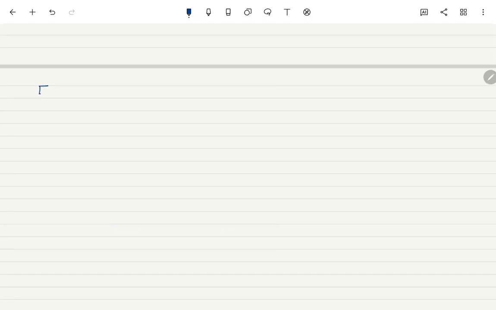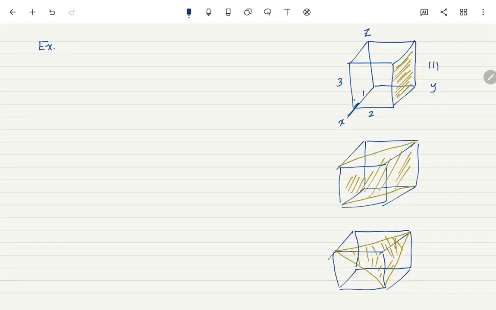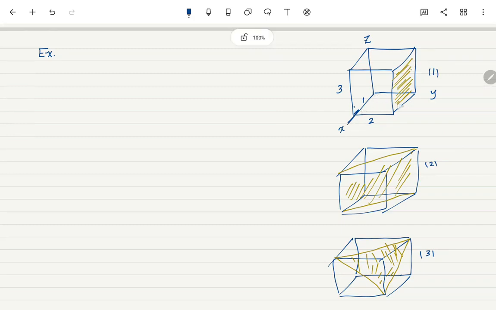Example, in these three cases, case number 1, case number 2 and case number 3, find the Miller indices for the highlighted planes. In this case, let's find the intercepts. If this is the x-axis here, this plane will never intercept with the x-axis, which means they will meet at infinity. So the intercept for case number 1 is infinity.